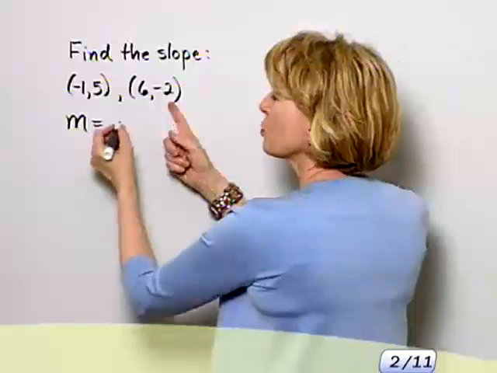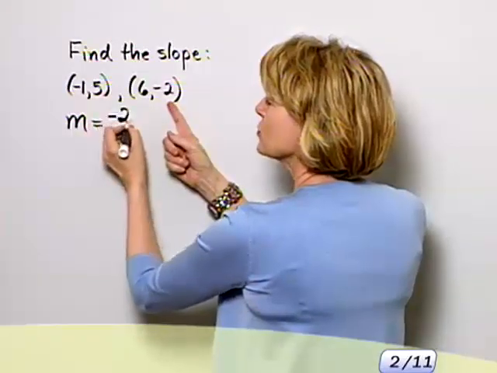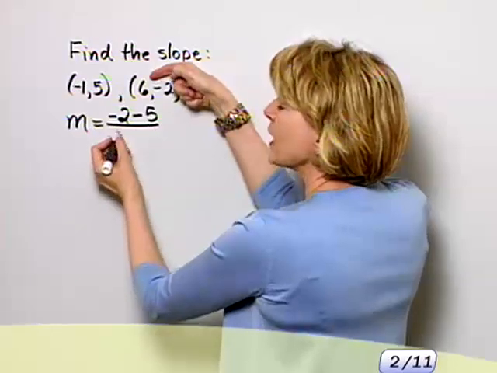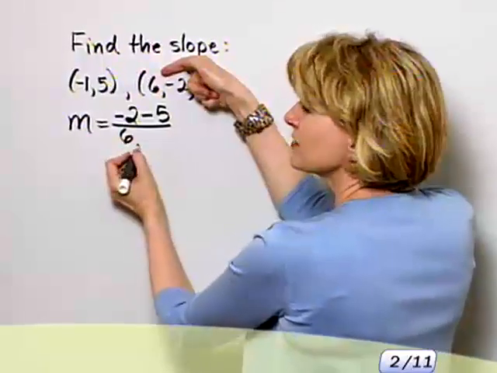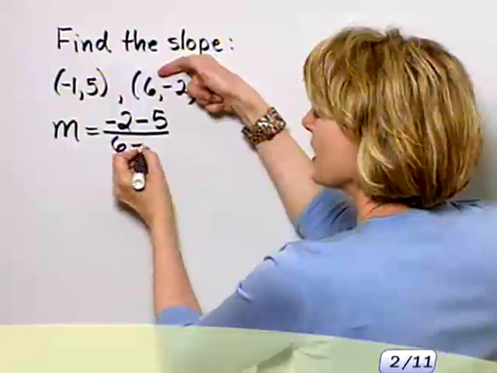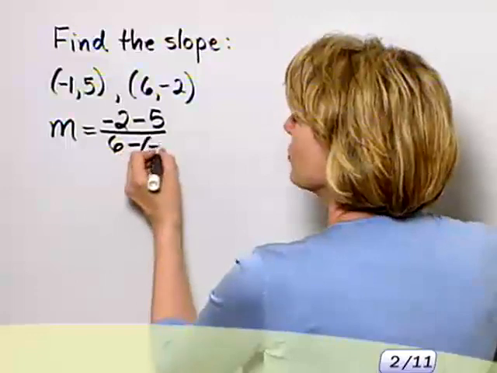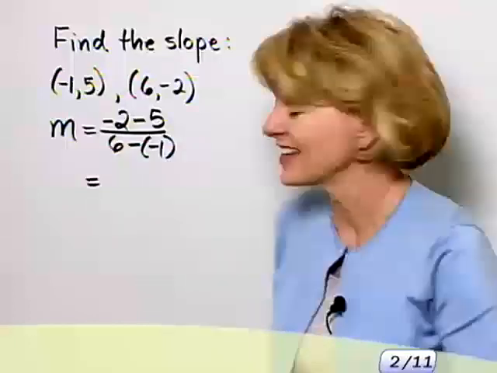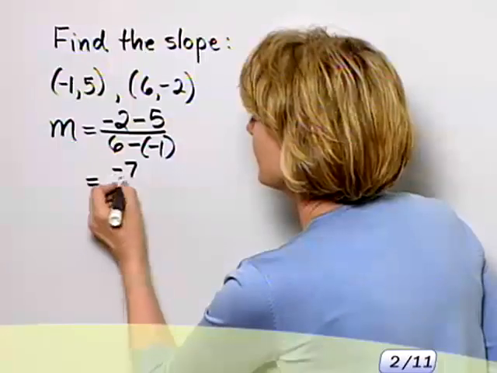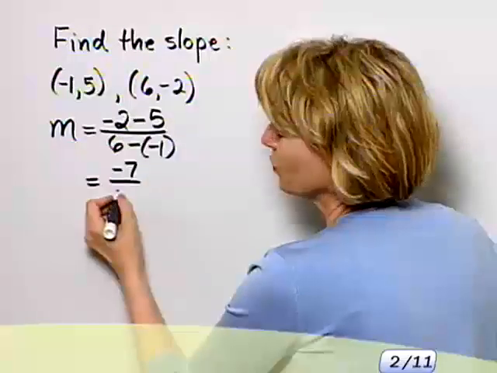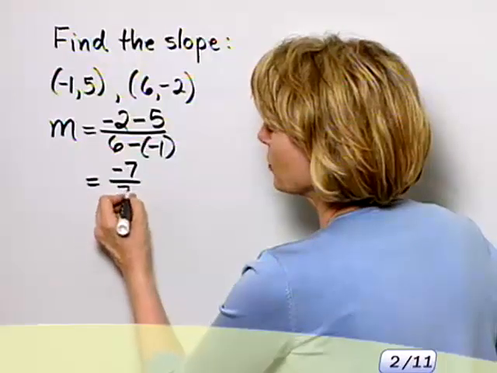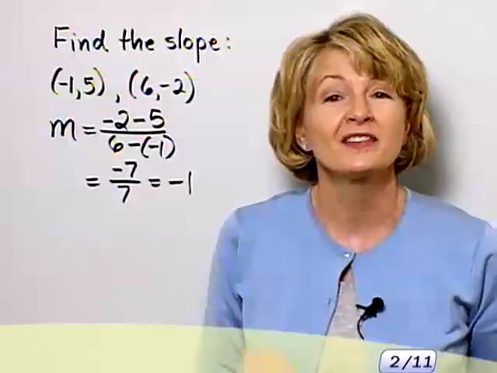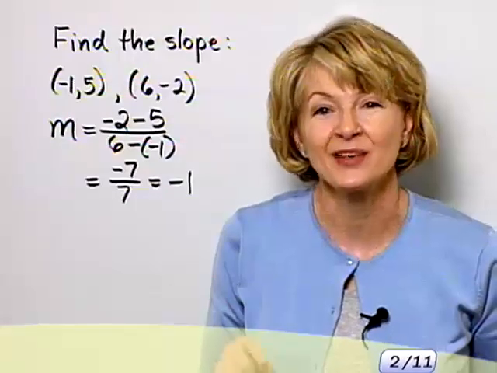I'll choose this y first. -2 minus 5 over, now I must place this x value first, minus, and then -1. So -2 minus 5, that is -7, over 6 minus a -1, that's 6 plus 1, or 7, and that simplifies to -1. So the slope is -1.